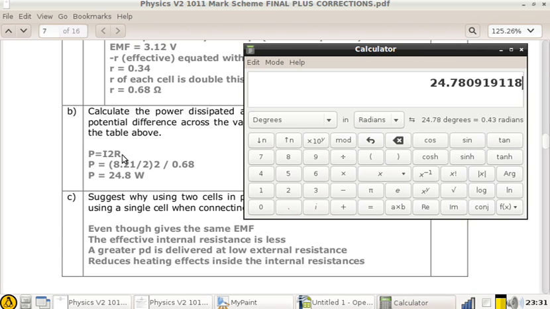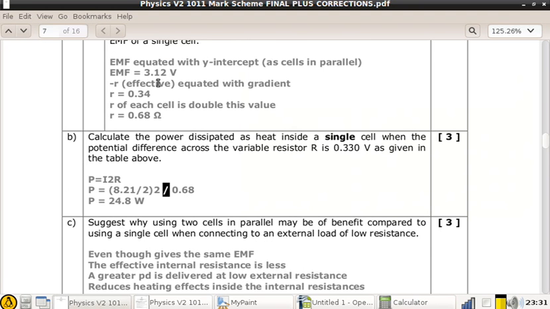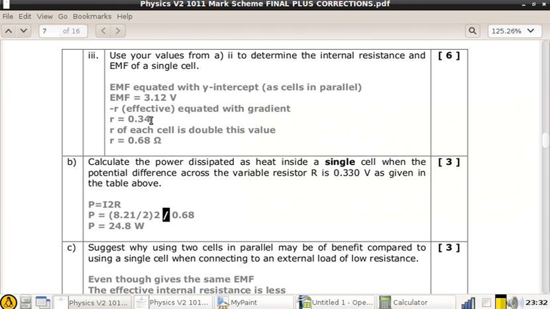It should be multiply, not divide. So there's a divide here. I'm not sure how that came into it, because you can see it's I squared multiply the total resistance. And the total resistance they have from the previous question here is 0.34, and then the resistance in a single cell is 0.68, which I haven't done yet. So anyways, let's have a look at B now using the correct numbers.